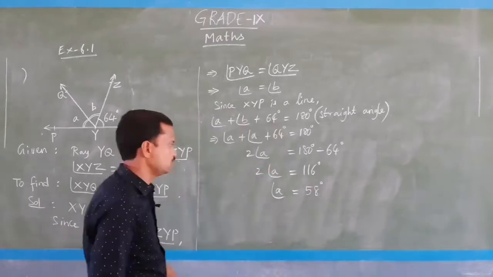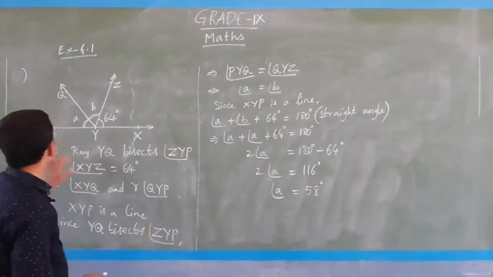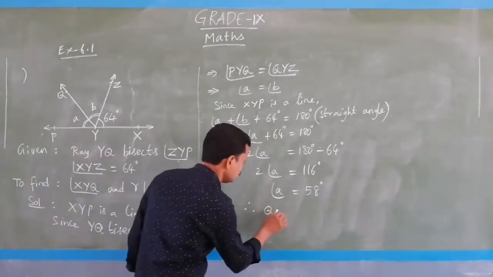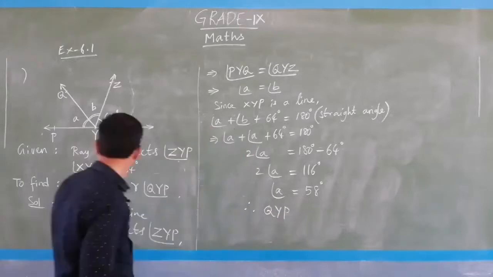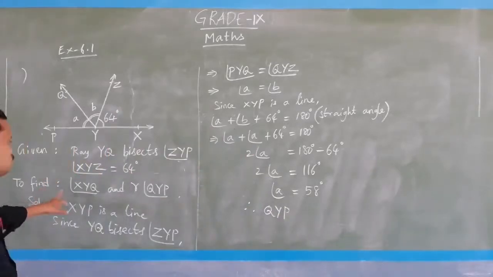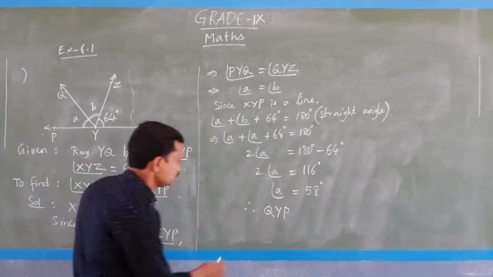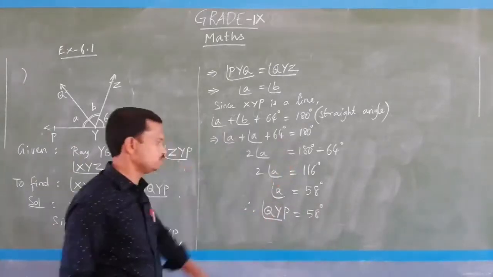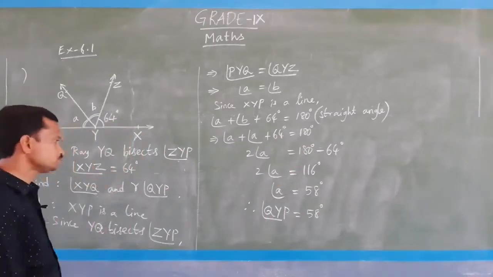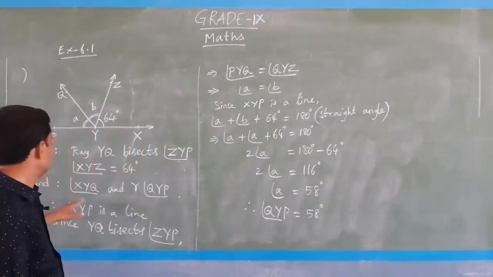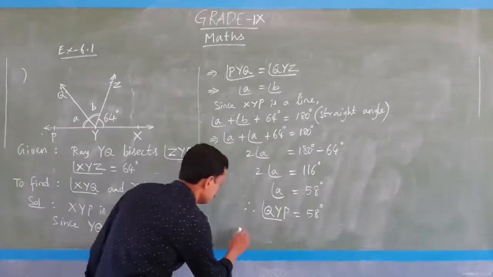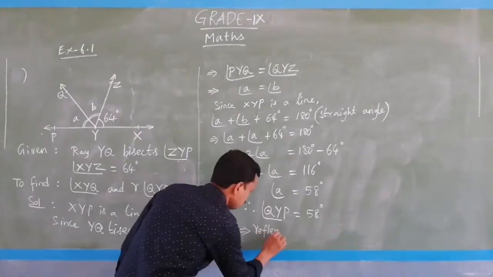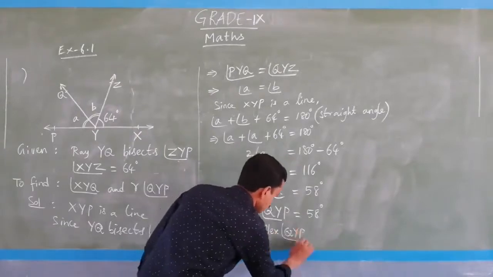Okay. What is angle A? That is nothing but QYP. Therefore, angle QYP is 58. They are asking to find the reflex of QYP, but now we have found QYP is 58. How to find the reflex angle?